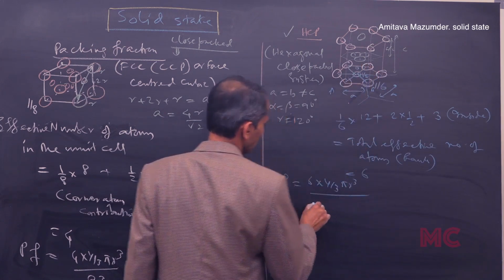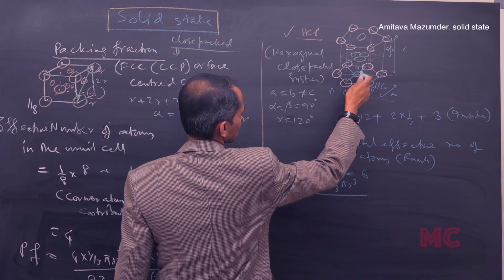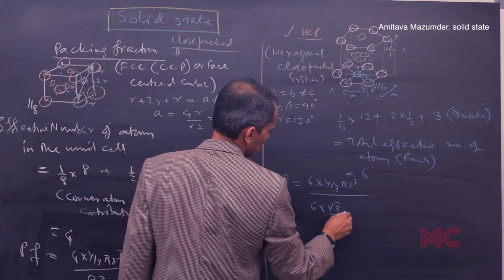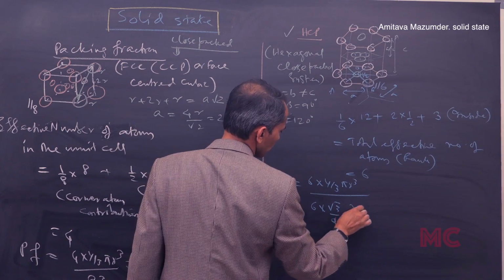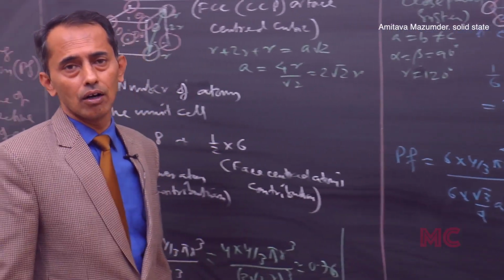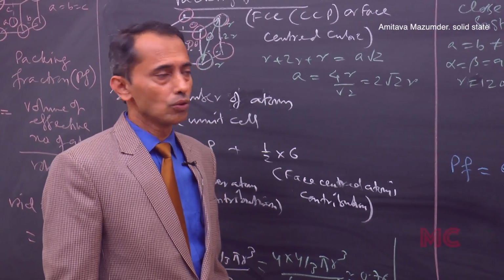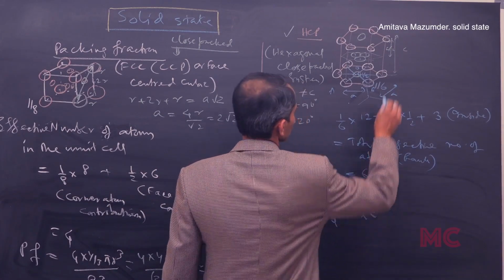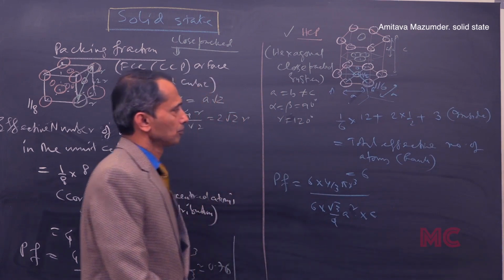So we can write 6 equilateral triangles, 6 into √3/4 a square, because we know the area of an equilateral triangle is √3/4 a square, into c, which is the height of the unit cell.